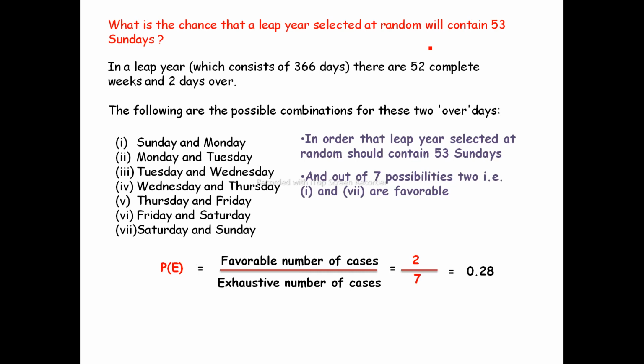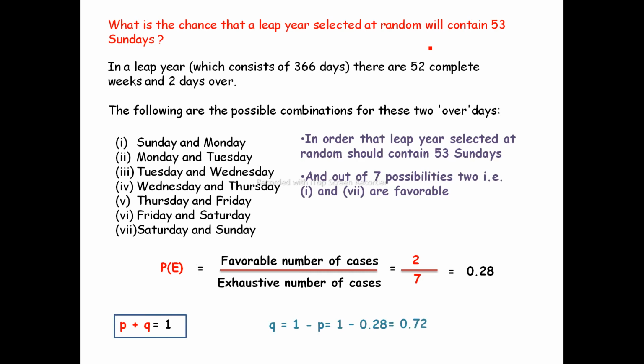So 0.28 is the probability, or you can say 28% is the probability of getting 53 Sundays in a leap year. Now we know P plus Q equals 1. So if we want to calculate Q, Q equals 1 minus P, that is 1 minus 0.28, that is 0.72. Now what is Q?